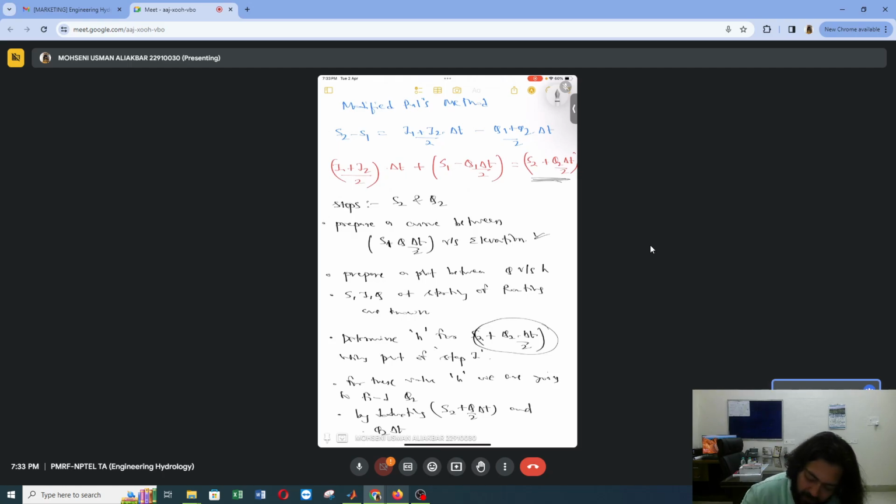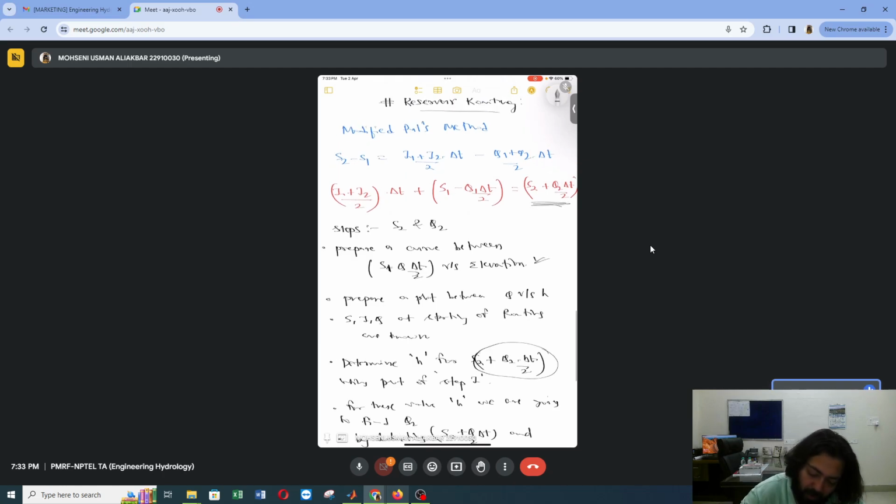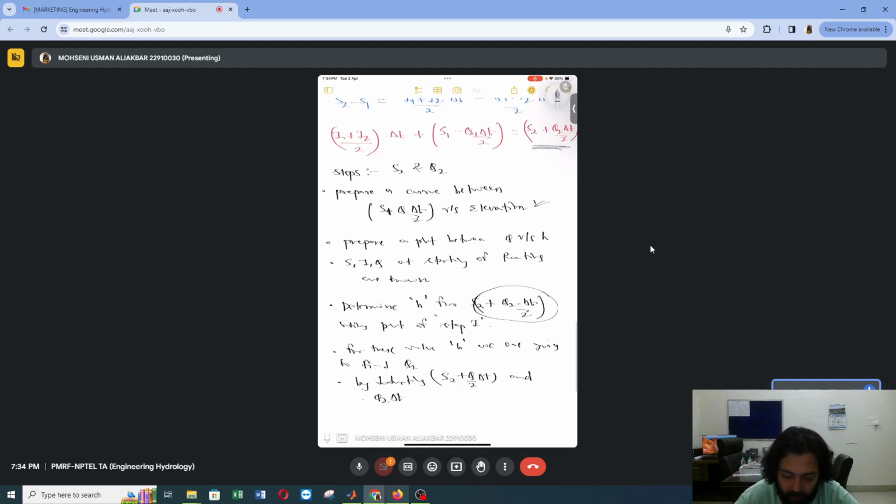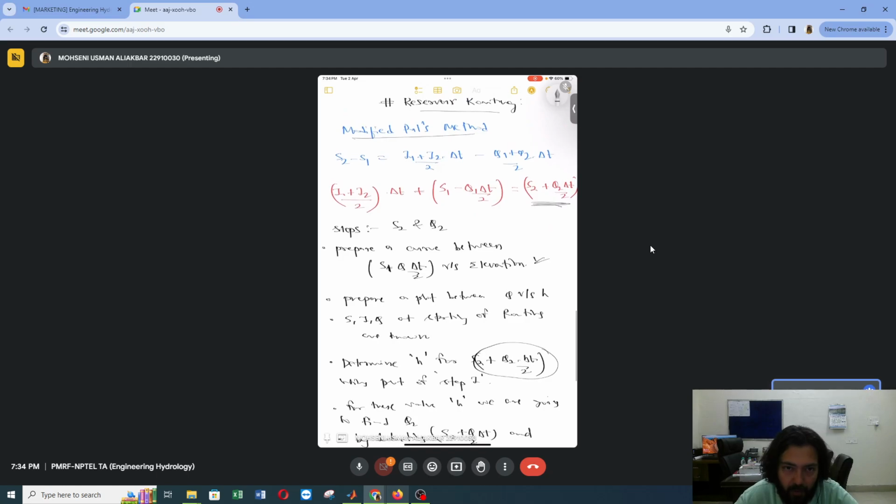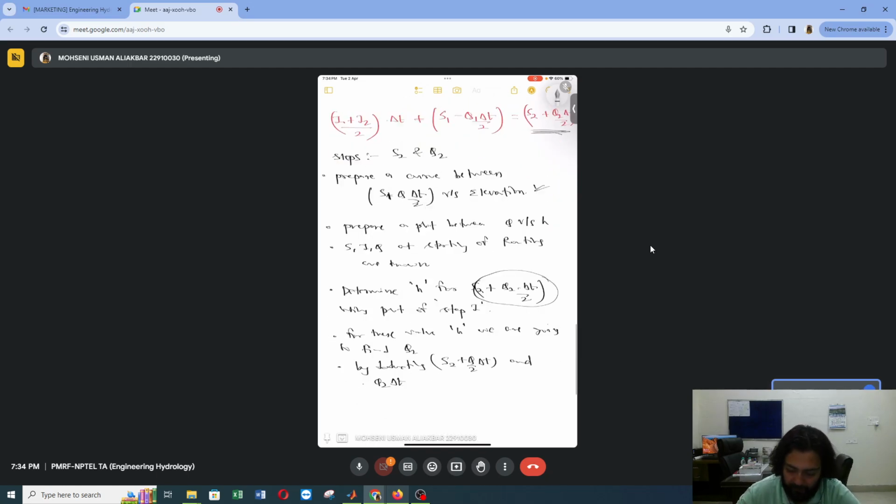So by subtracting these two terms, we are going to get the value that is required on the right hand side. So this is the approach that is very famously known as the modified Pul's method, and this is used for reservoir routing. So whenever we are going to use reservoir routing, we are going to use this approach given by modified Pul's, whose steps I have explained. We are going to look at a numerical example also in order to better understand reservoir routing using the modified Pul's method.